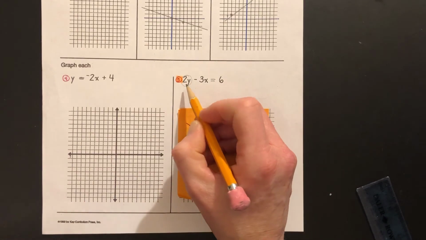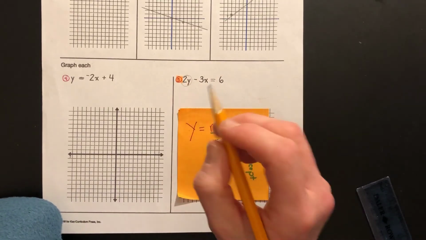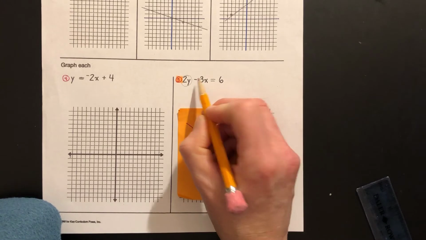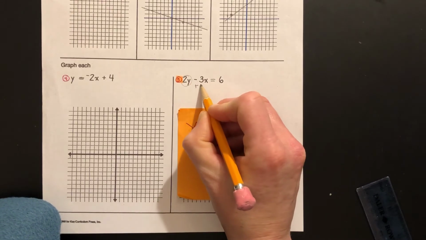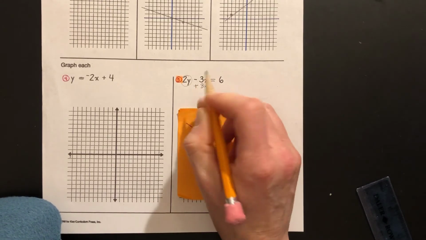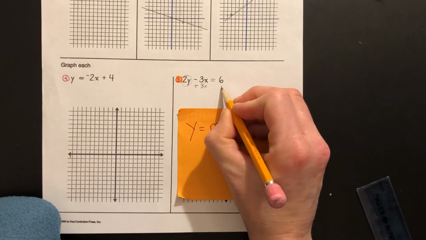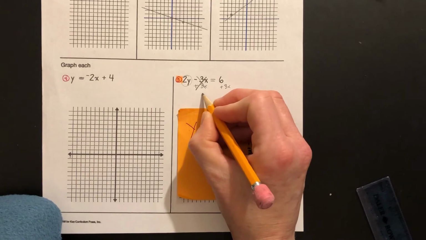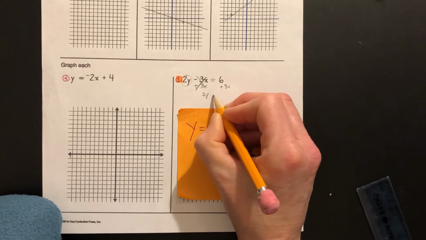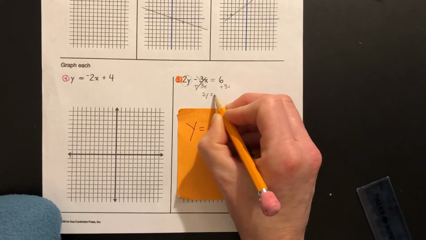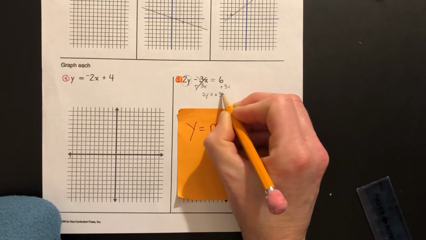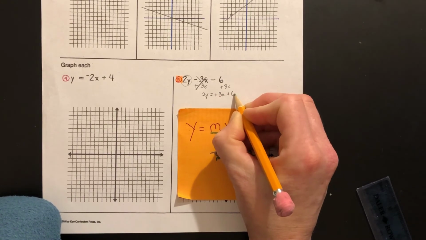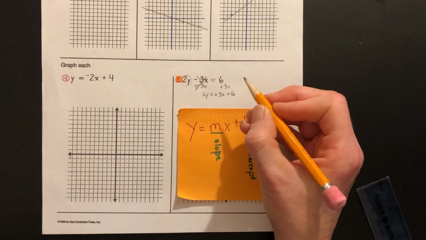Here's our y term that we need to get by itself. So let's add 3x to both sides so we can get rid of it, at least on this side. Plus 3x cancels out, gone. So now we have 2y by itself plus 3x plus 6. Oh, that feels much better.